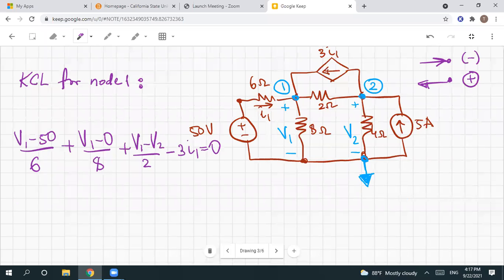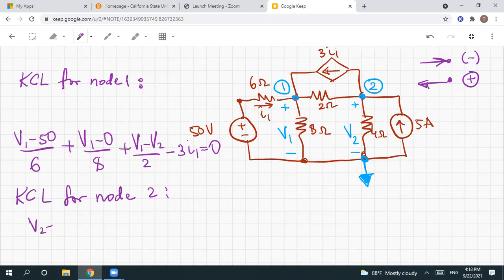Now let's write KCL for node 2. For node 2, I will start with this current. What will be the current leaving node 2 in the 2 ohm resistor? V2 minus V1 over 2.